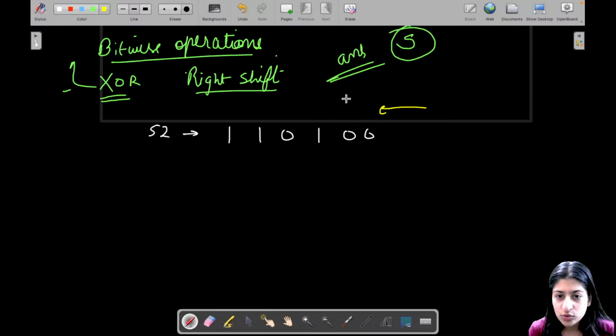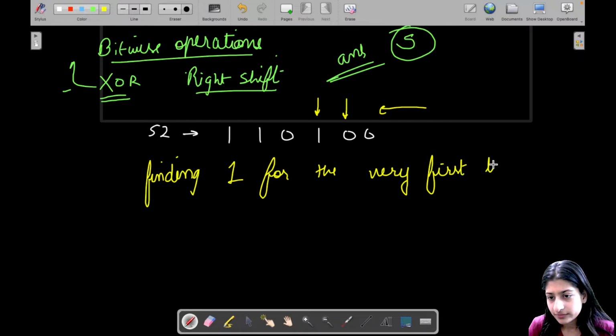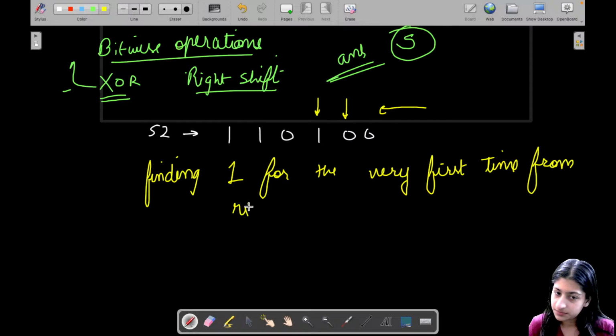This is 0, so move to the next position, this is 0. So this position is where I found 1 for the very first time, when I travel from the rightmost index.